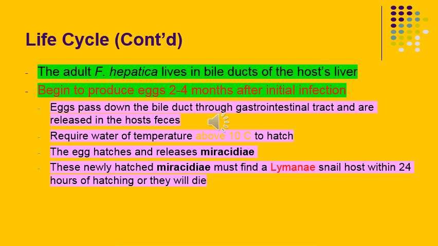Of course, water temperature above 10 degrees centigrade is necessary for hatching. The egg hatches and releases miracidia. These newly hatched miracidia must find a Lymnaea snail host within 24 hours of hatching or they will die.